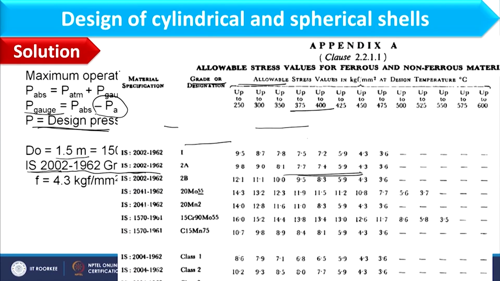Here I am having the table of allowable stress, and IS 2002-1962 grade 2A, this is the material, and 435 is the design temperature. You see here up to 450 we can use value 4.3 kg force per mm square. Therefore, F I have taken as 4.3 kg force per mm square.